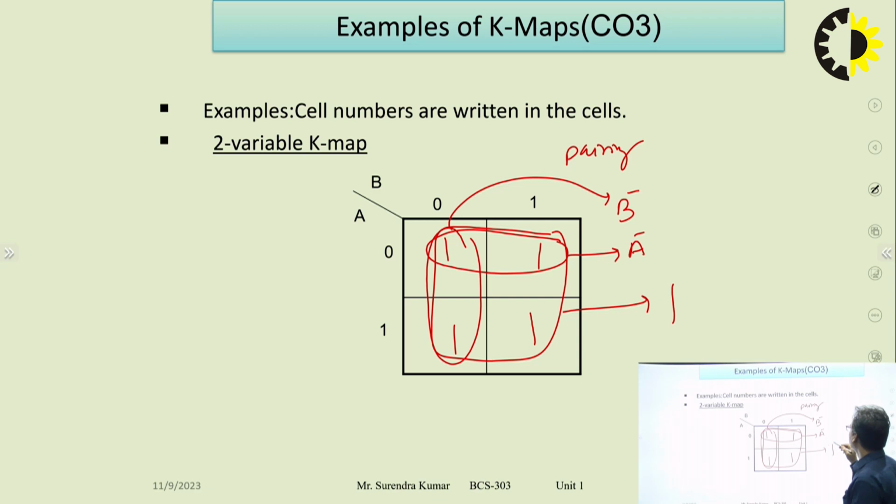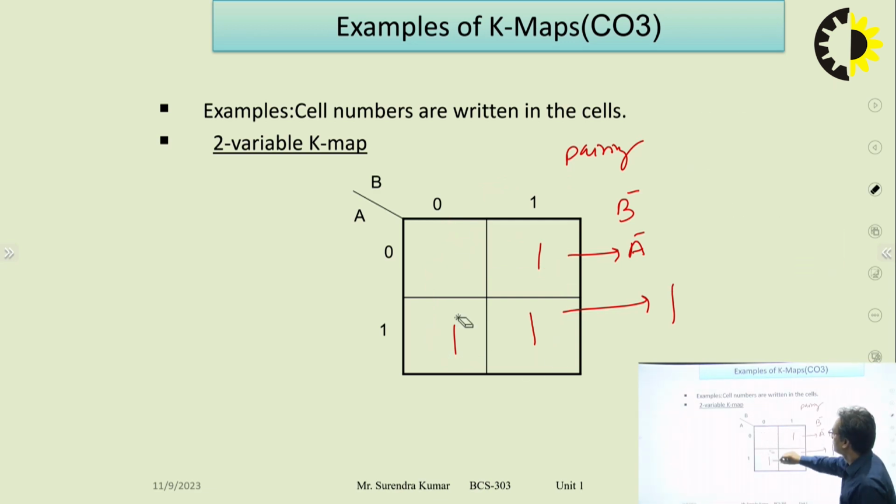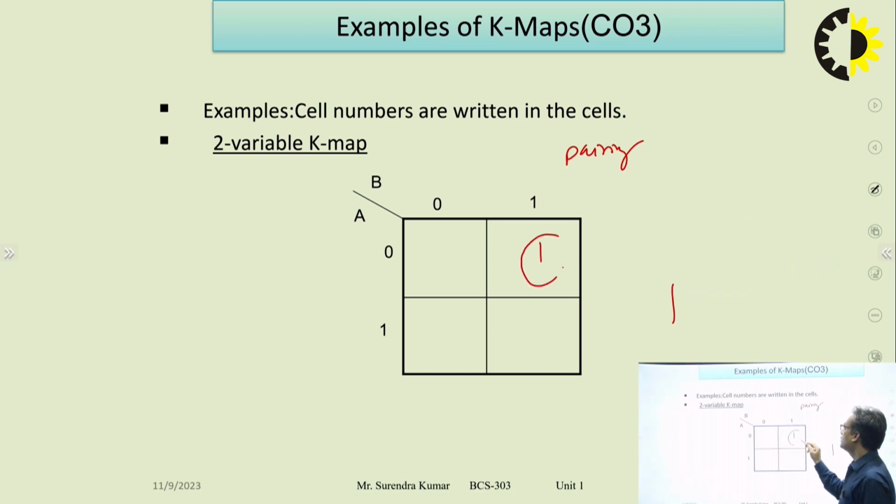If you have a single 1 here, for example you have this one only, there is no other minterm to pair with. So this will be written as A bar B, because the value of B is 1.